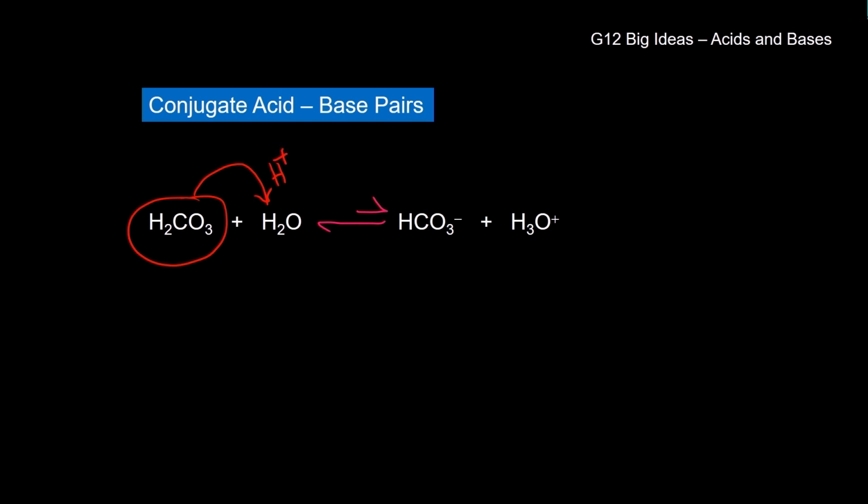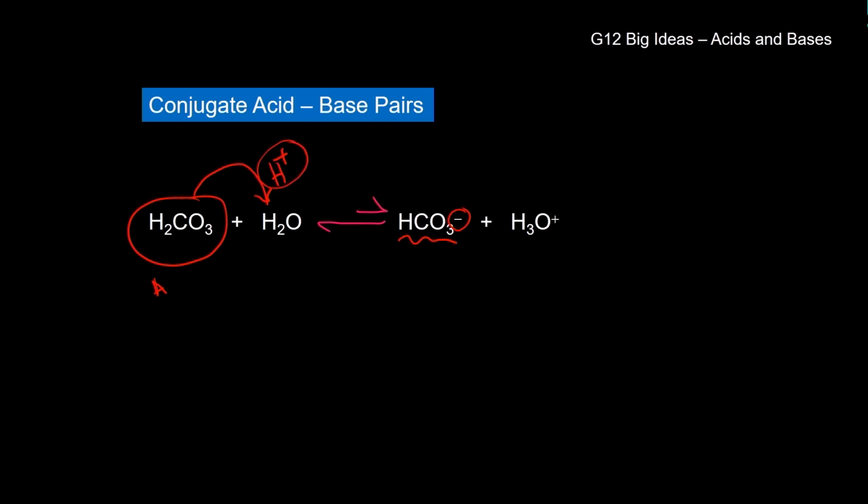So this is ionization. It is an ionization reaction. And we can see on this side that the product is that it has given a proton away. It is 1 hydrogen ion less, and it forms that ion. So this is an acid because it is donating a proton.